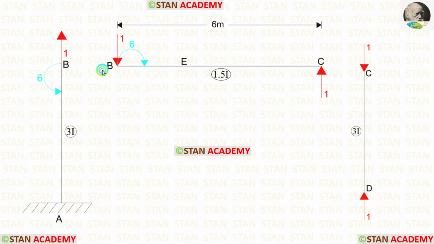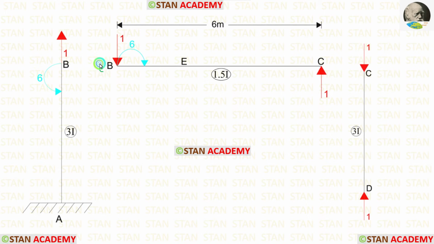Now let us find the moment at the point B. This load is acting towards the point B in the anticlockwise direction and the distance is 6. 1 into 6, we will get 6. Since this load is acting in the anticlockwise direction, the developed moment should be acting in the clockwise direction.